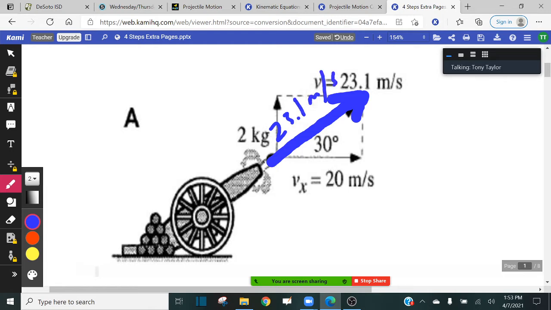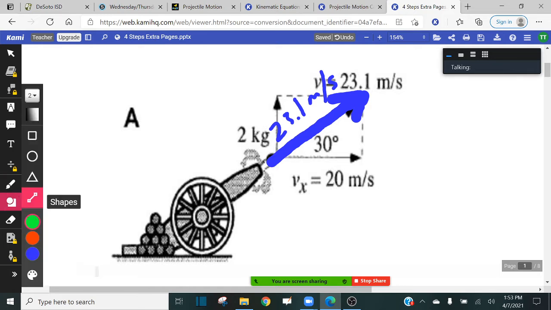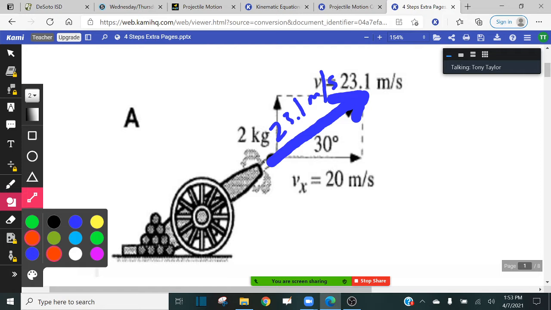The moment the cannonball was released, that's how fast it was going. It was going 23.1 meters per second. Now, this velocity vector, you can split it up into its x and y components, right? In other words, we want to find out the moment that cannonball is released from the cylinder, how fast is it moving in the x direction and how fast is it moving in the y direction.